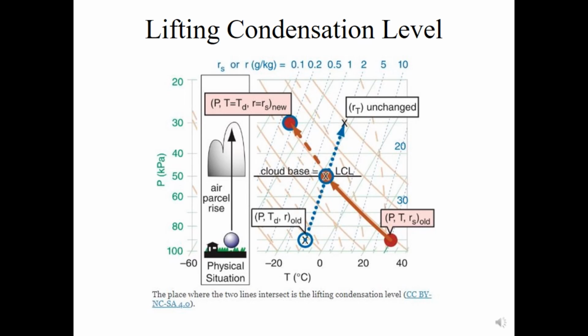And eventually, the dashed blue line and the solid red line, in this case of your air parcel, will intersect at a location, and at that point the actual vapor pressure or the actual mixing ratio r will be equal to the saturation mixing ratio r_s, and the relative humidity will be 100%. And at that point, a cloud will start to form, and we refer to that as the lifting condensation level.